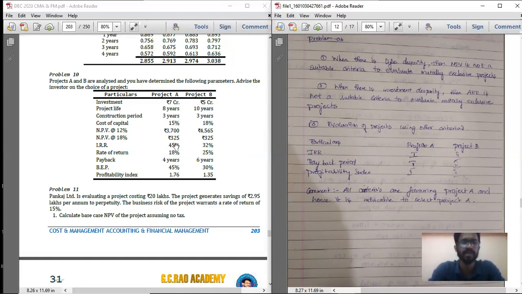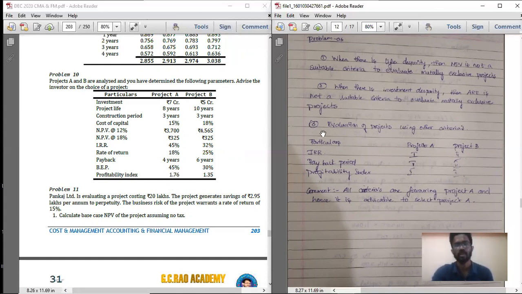So IRR is more in project A and rate of return is more in project B. Whereas BEP is 45% for project A and for project B it is 30%. So comparatively, project B is acceptable if you are going with BEP, and profitability index is comparatively more for project A. So we should comment on which project is acceptable.